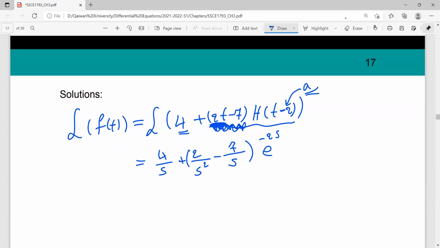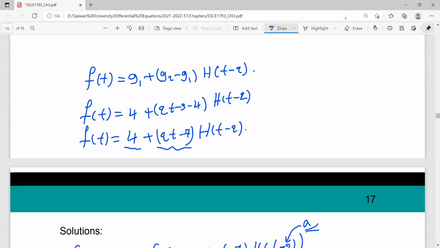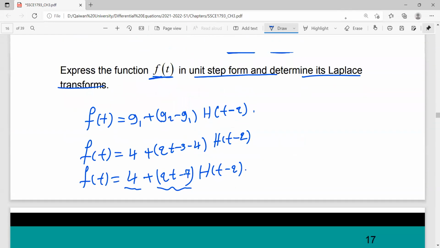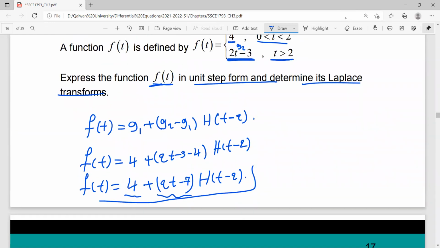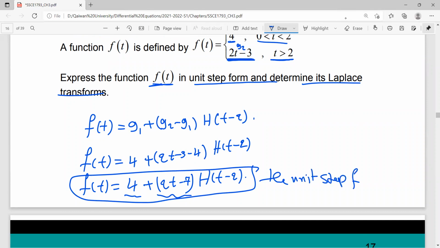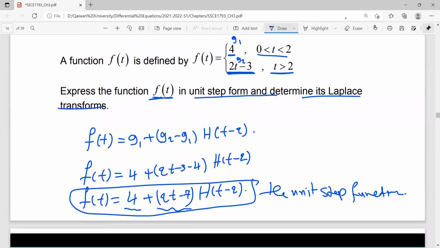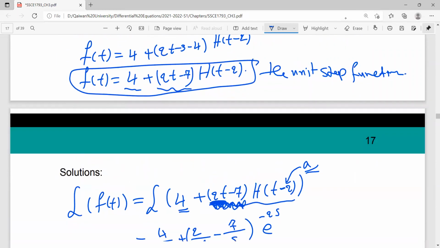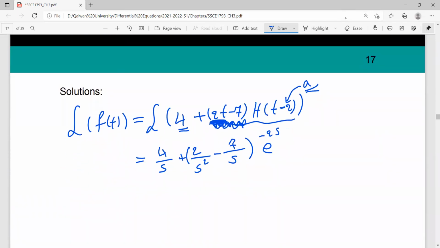This is the Laplace transform for that step function. And here we found the unit step function. This is the answer for the first question. It says find the unit step function and then find its Laplace transform. This is the Laplace transform.